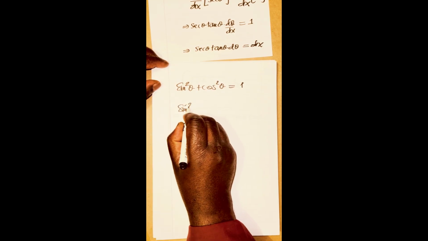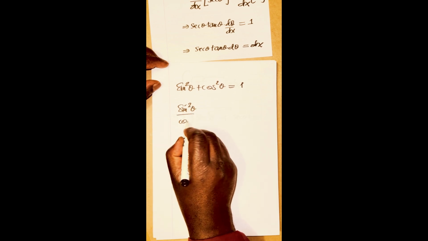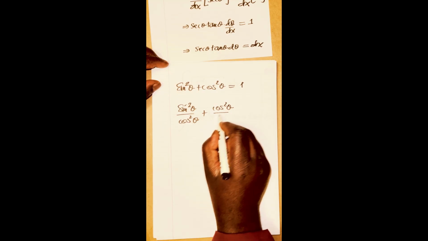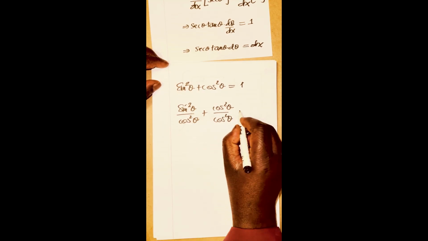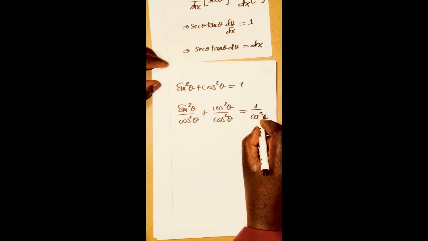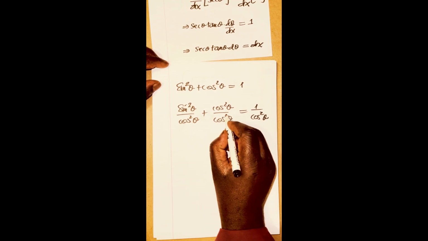We have sine squared of theta over cos squared of theta plus cos squared of theta over cos squared of theta equals 1 over cos squared of theta. And like I said, we're assuming cos squared of theta is not equal to 0.